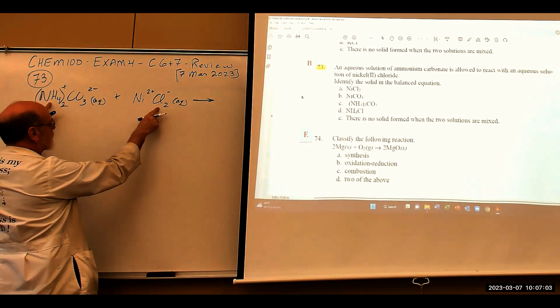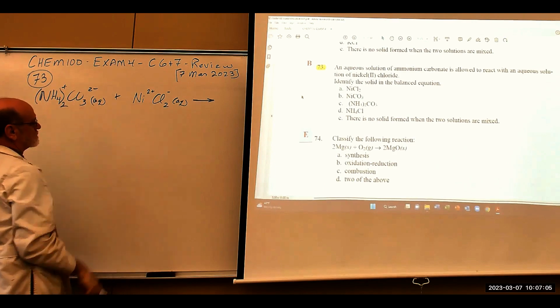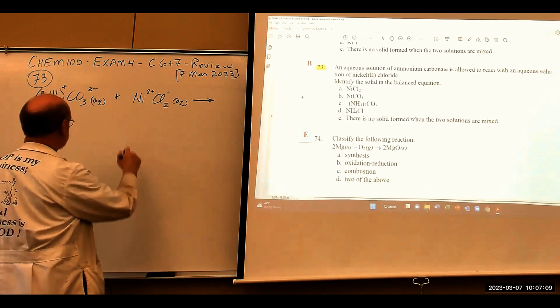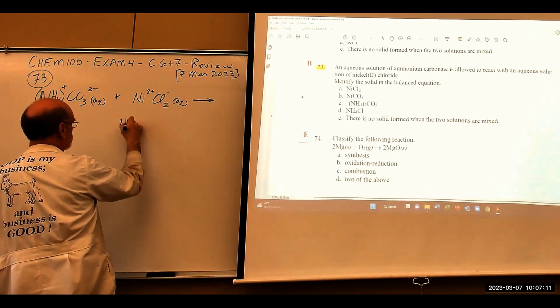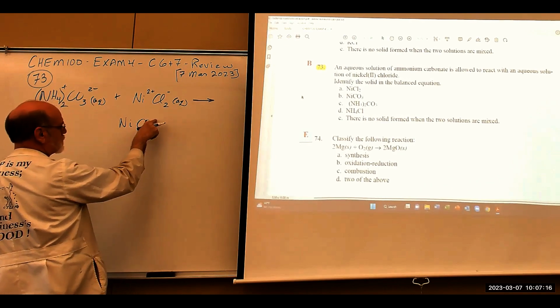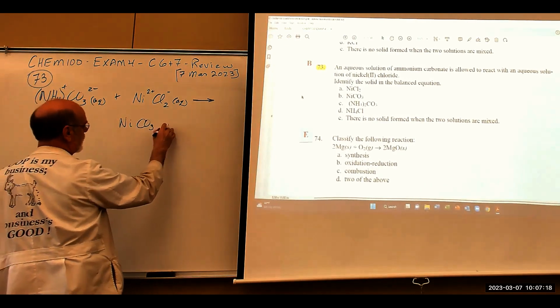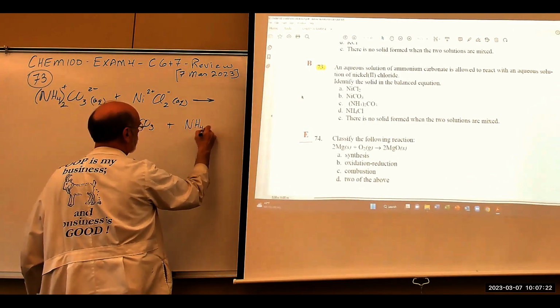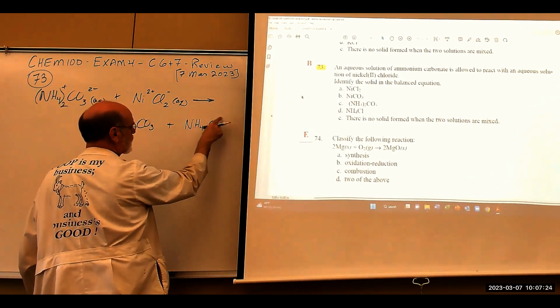The ammonium goes over here, the nickel goes over here. So we get nickel 2 carbonate, 2 minus, 2 plus, and then ammonium chloride, +1 -1.